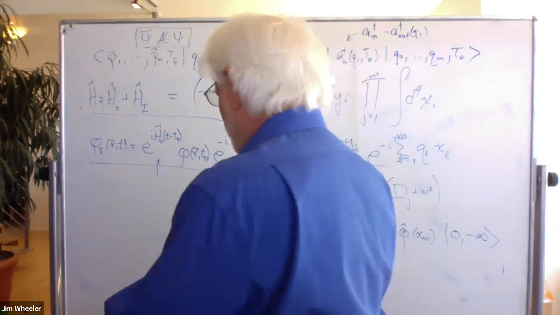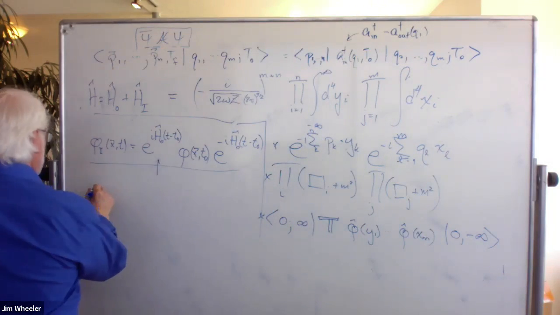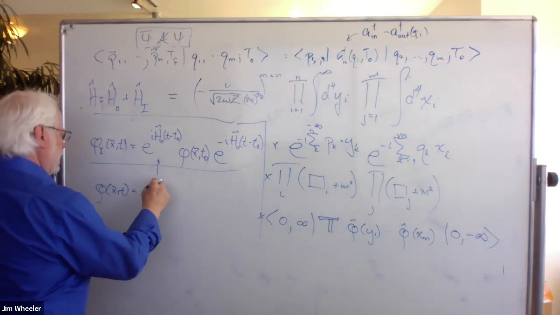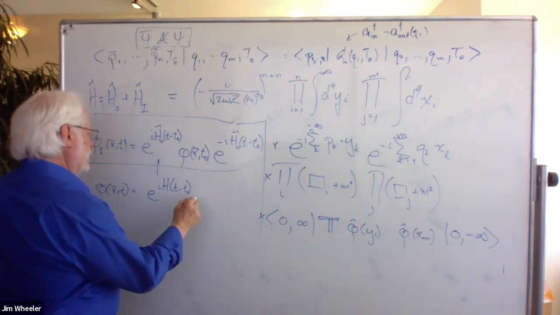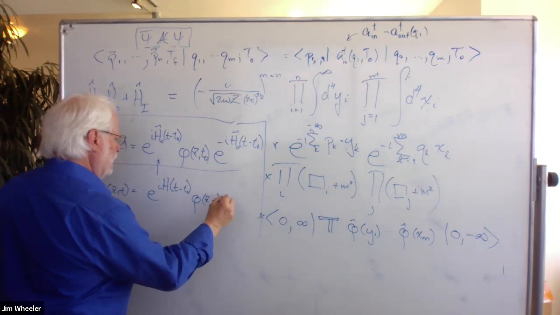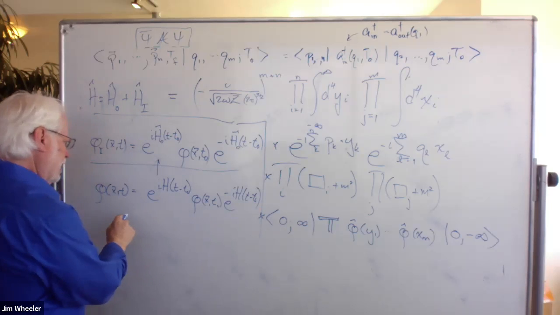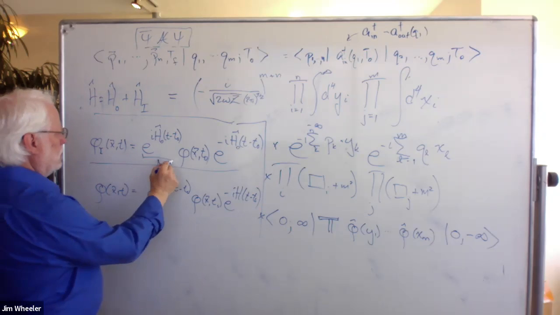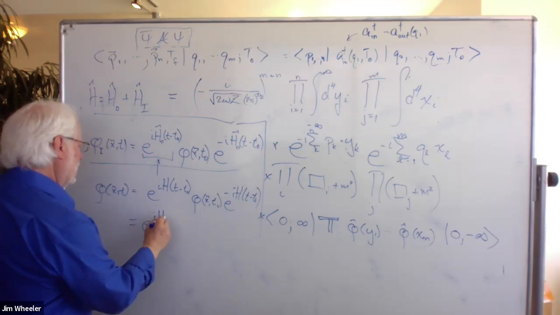Yeah, let me write the full field. Okay, so the full field at x and t is e to the i full Hamiltonian t minus t naught times the field at t naught, e to the minus i Hamiltonian t naught like this. And now I want to insert identities, this and its conjugate. So I want to write e to the i Hamiltonian.